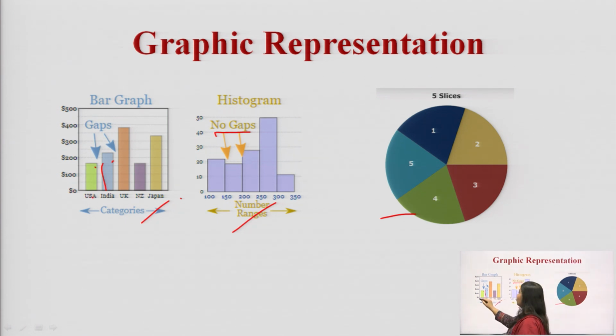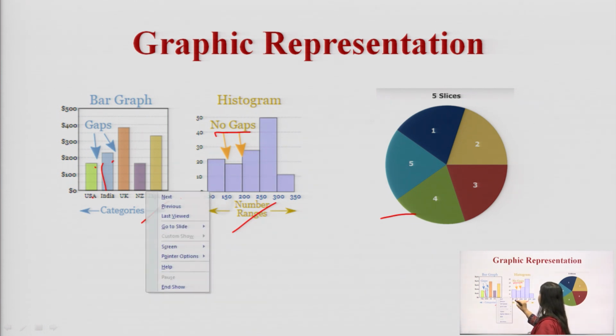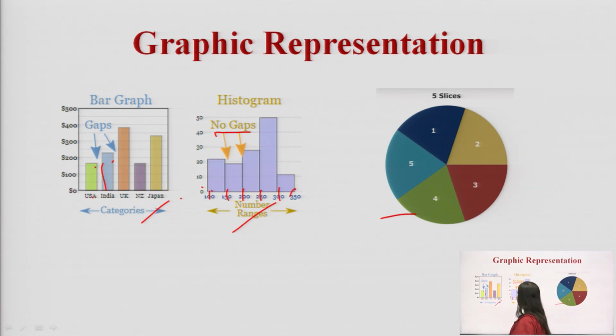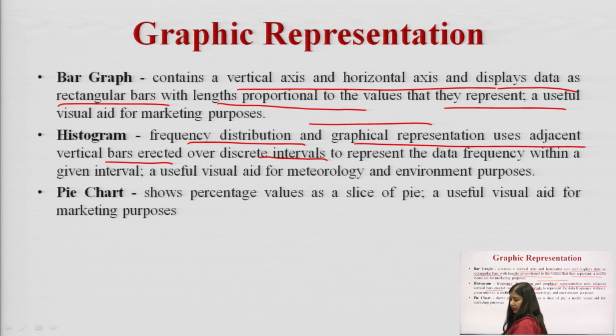But in the histogram a range of values is given, like this point is 0, this point is 100, 150, 200, 250, 300 and 350. So in comparison, the histogram's x axis is also divided on the basis of value or interval.